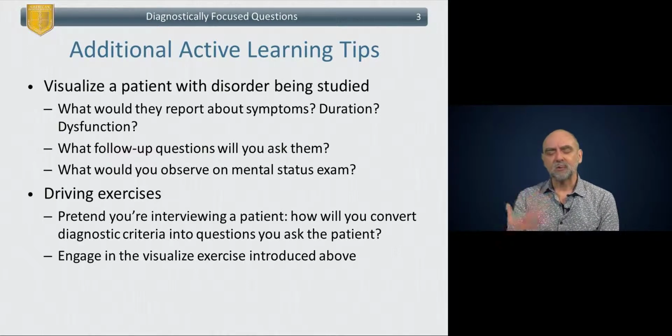And then you imagine observing them, what kind of mental status exam items are visually observable. Are there any motor symptoms, adventitious motor symptoms? Is there any change in interpersonal functioning and reactivity? Is there any difference in emotional responsiveness, things like that?